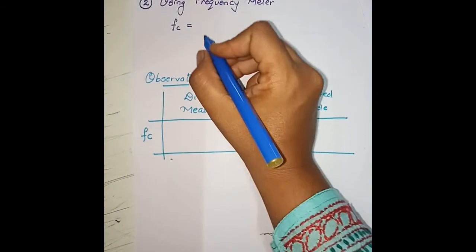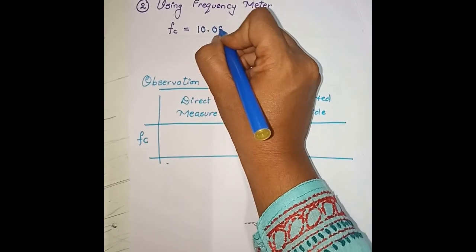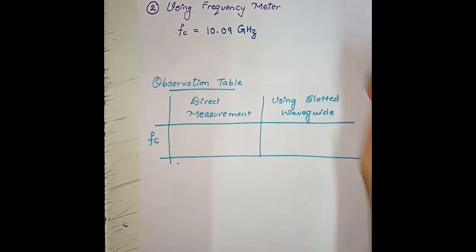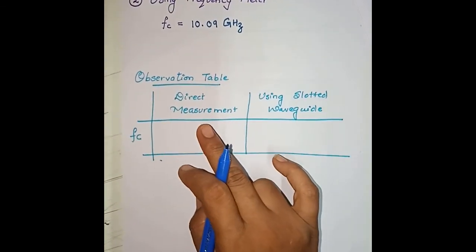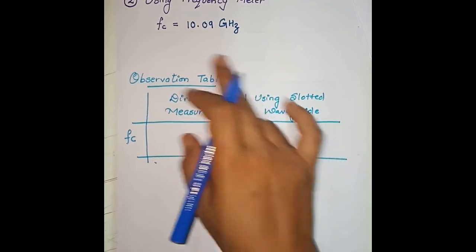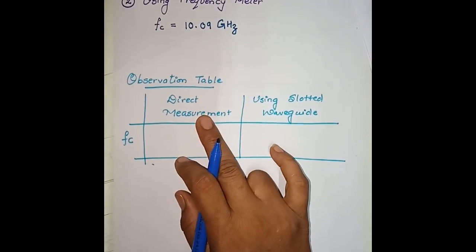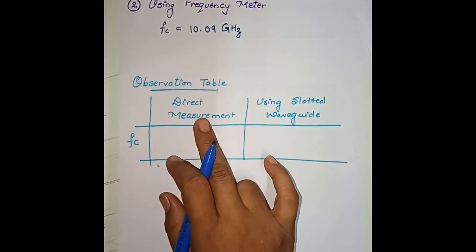So using the frequency meter, we get the value as 10.09, and the unit is gigahertz. This value we are going to use in our observation table, in which we calculate the frequency using the direct measurement.